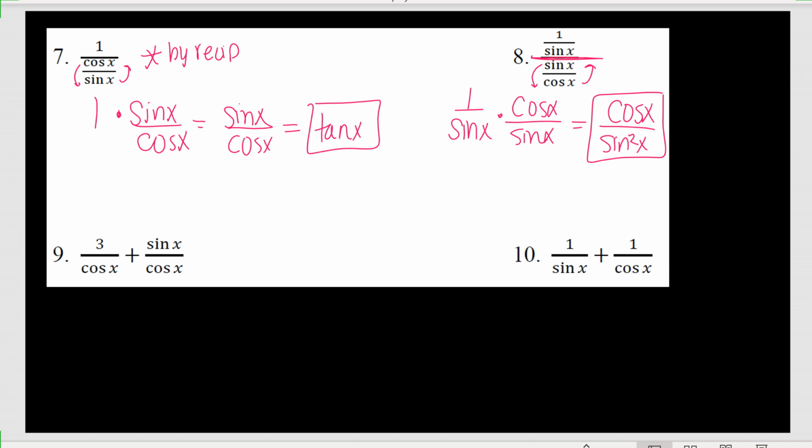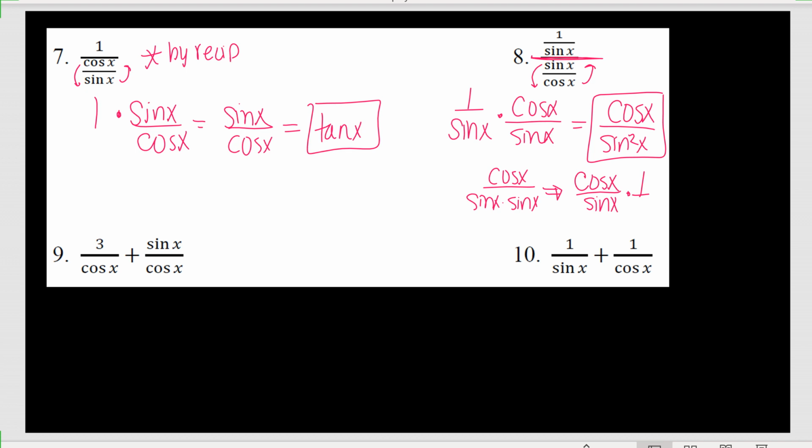I'm going to show you an extra little step that you could take with this so you can see how it can still turn into something else. So again, that numerator is cosine, and we had sine of x multiplied by itself in the denominator. So we could actually split that fraction as a cosine of x divided by a single sine of x times a 1 over sine of x.